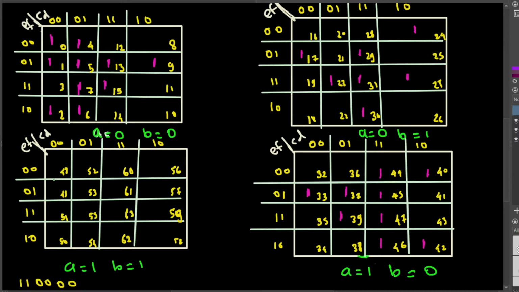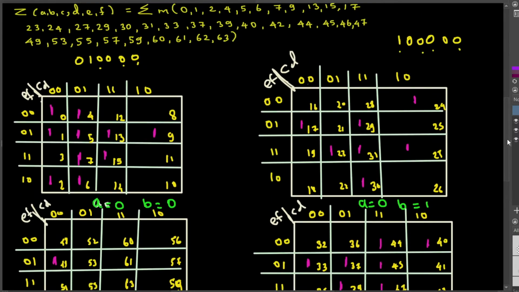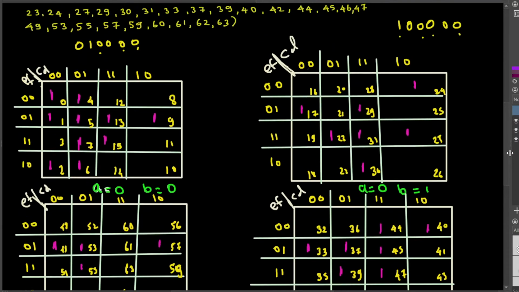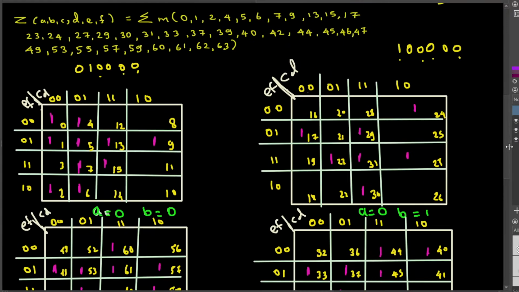I started here at 48, this is 49. Then 53, 55, 57. And then we have 59, 60, 61, 62, and 63.